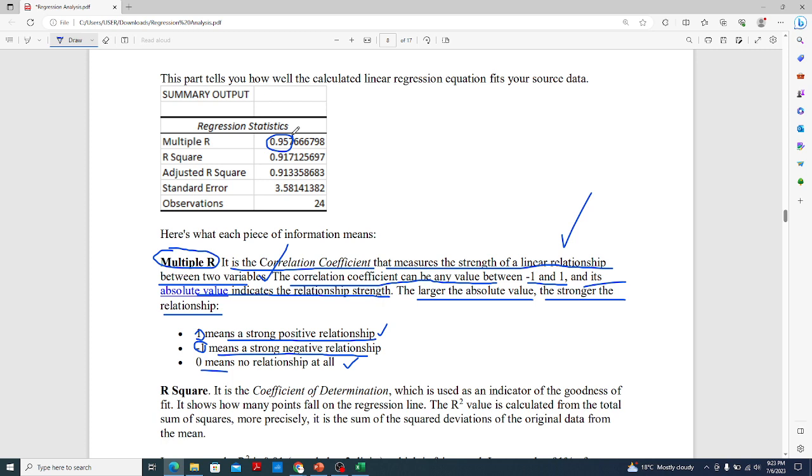So they have a very strong relationship. As you can see, this value is moving towards 1. Okay, good.